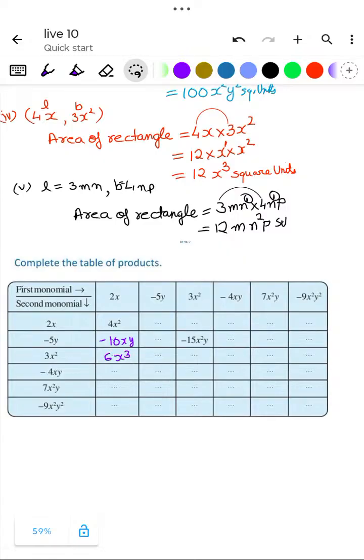Now next is multiply 2x with negative 4xy and write the answer here. So 2x times negative 4xy.